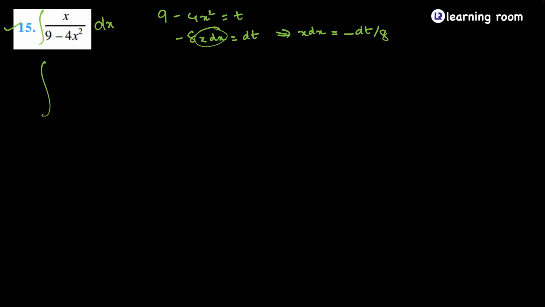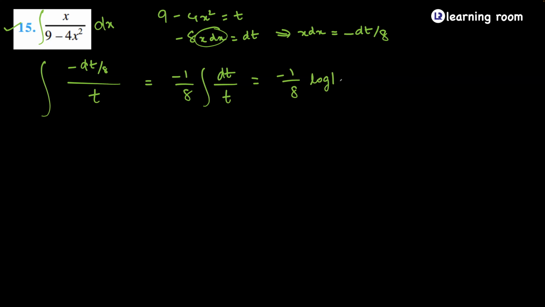Now integral of x dx can be taken as minus dt by 8, the whole divided by 9 minus 4x square is t. So how much will you get? You will get minus 1 by 8 times integral of dt divided by t. So what is integral of 1 by t? Log t. So minus 1 by 8 times log of mod t plus c, or it is minus 1 by 8 times log of mod t is how much? It is going to be 9 minus 4x square plus c. So this will be the answer.